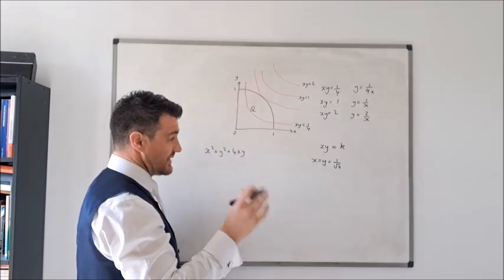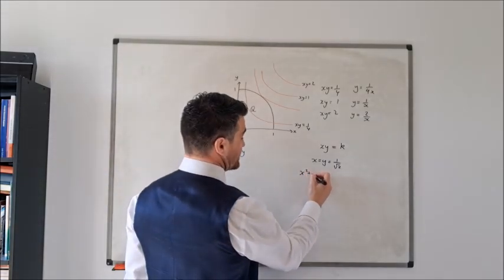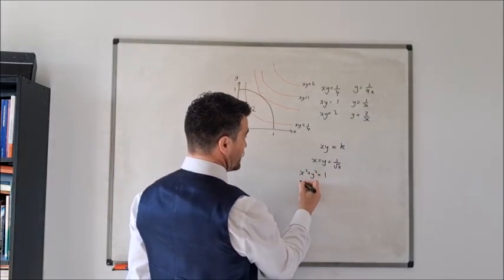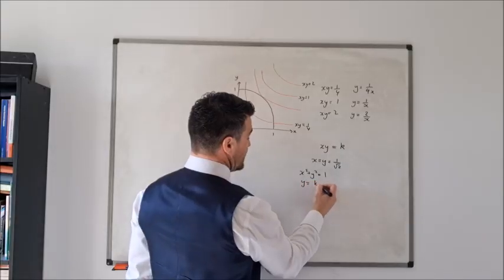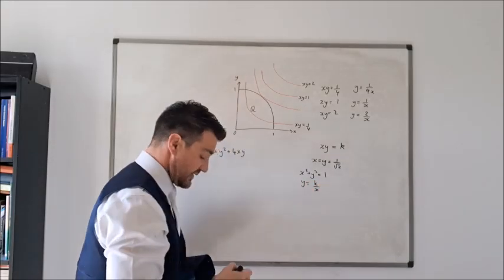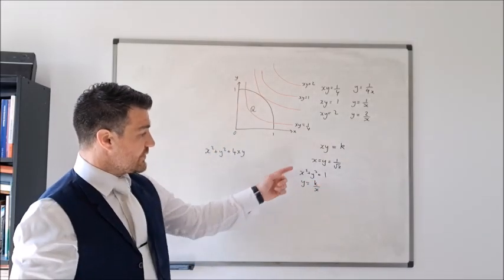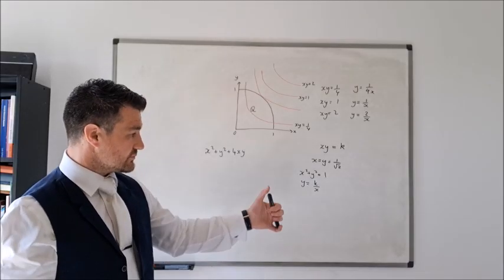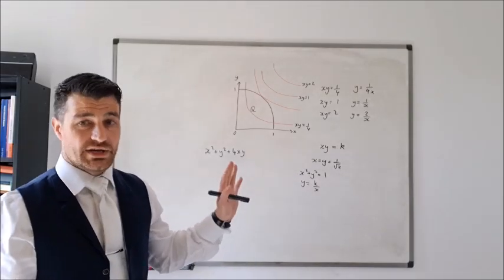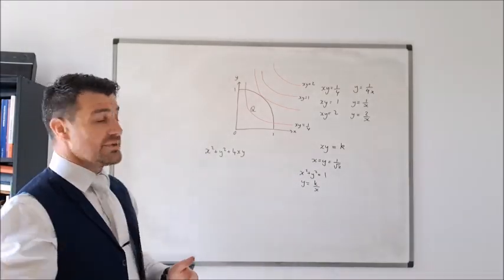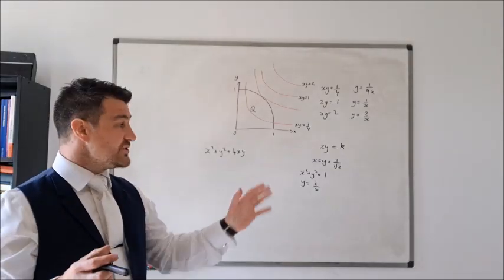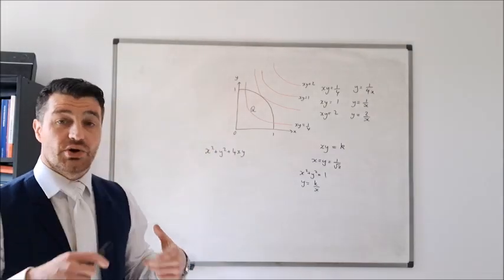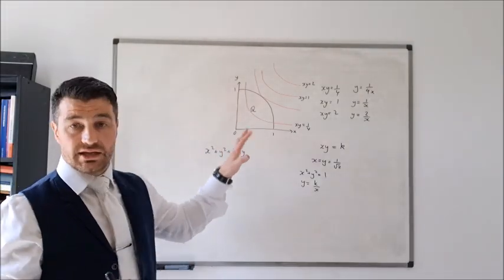Again, you could solve the equations x squared plus y squared equals 1 and y equals k over x. You could try solving these simultaneous equations if you really wanted to, but it's not necessary if you make some careful observations and understand what it is that you're looking at.